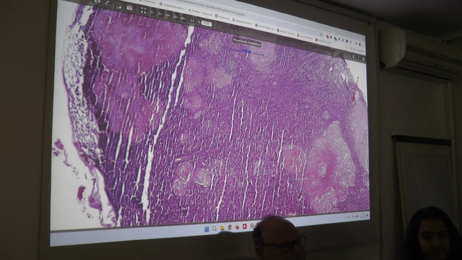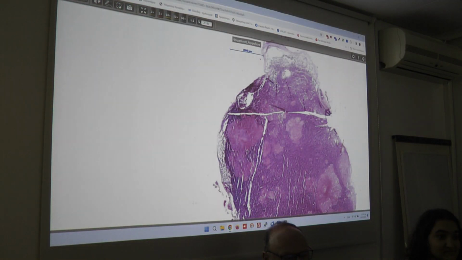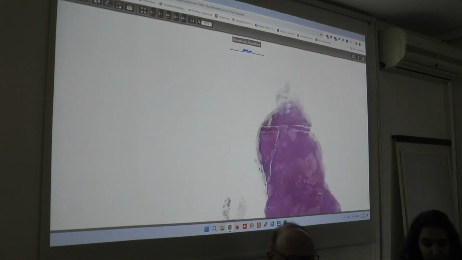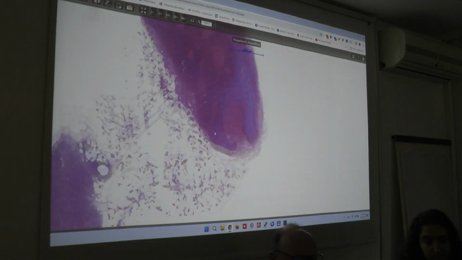That means, what's the stain called? Ziehl-Neelsen histochemical stain, and it will highlight the mycobacteria of tuberculosis, and this is how the diagnosis will be confirmed, and the patient will have the proper treatment for this infectious disease. All right?